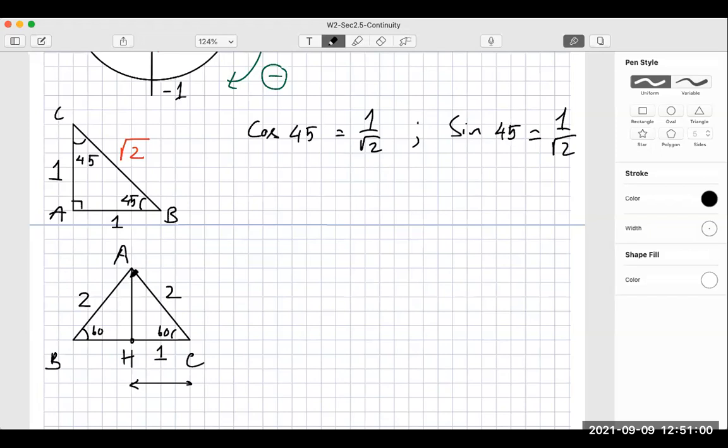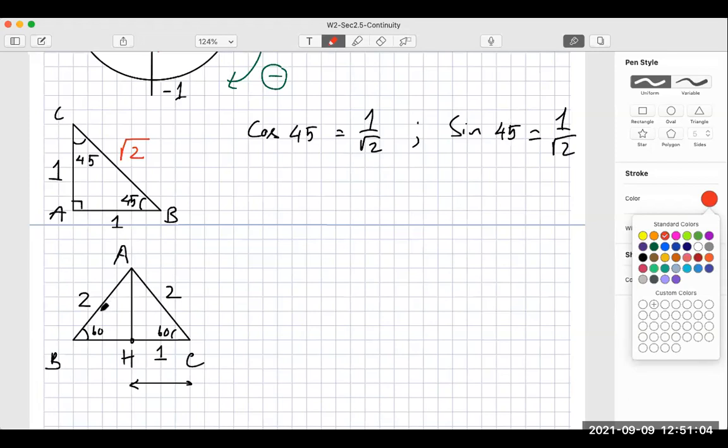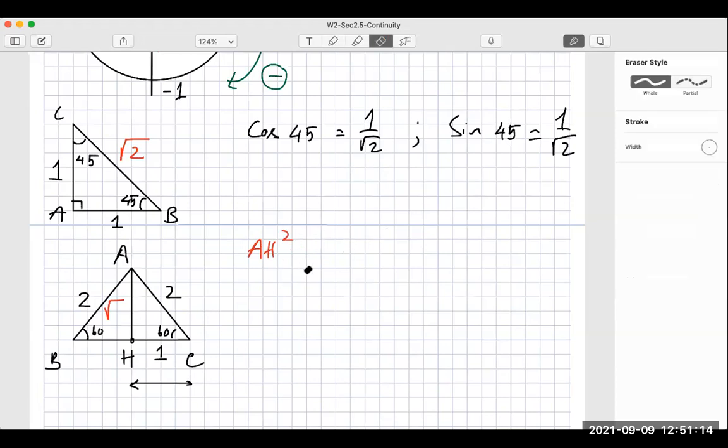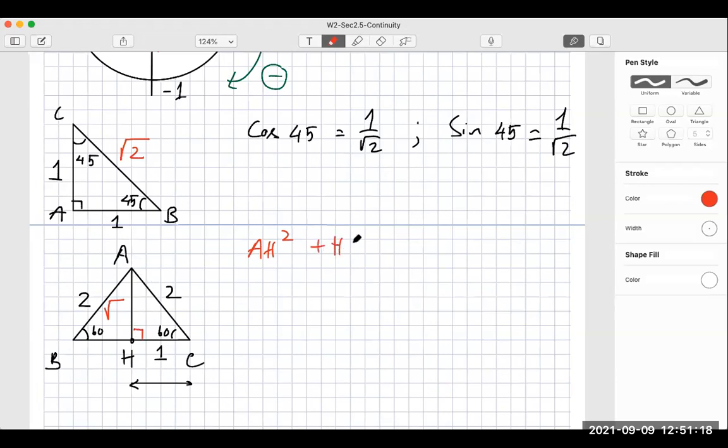And what is the distance from A to H? What is AH squared? This is a right angle, right? AH squared plus HC squared equals what? Pythagorean theorem. Beautiful.